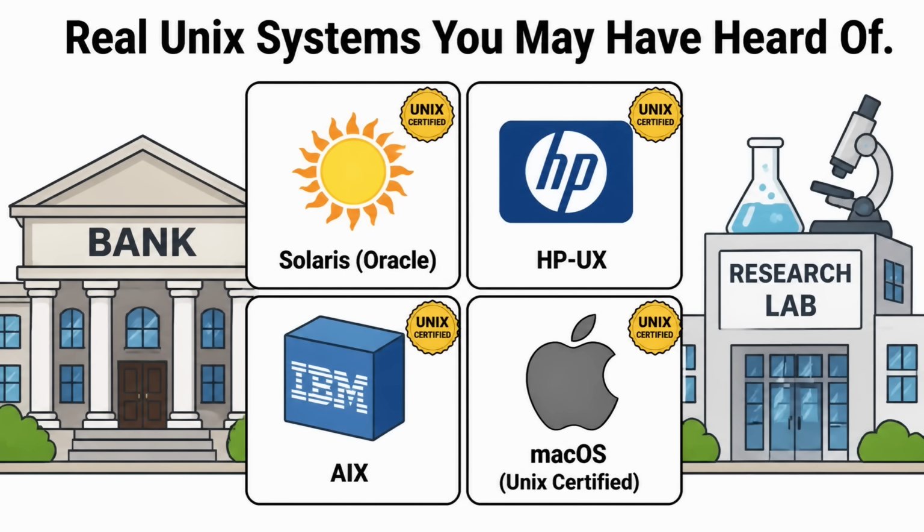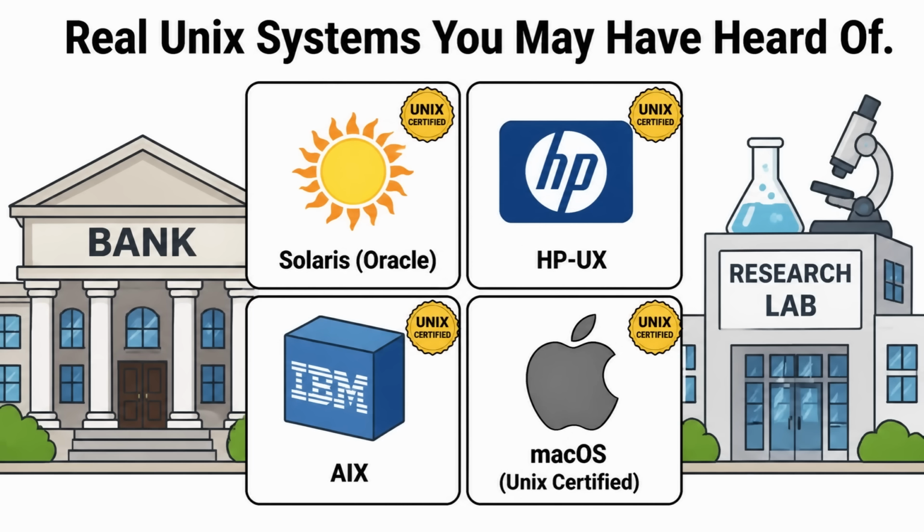Let's look at some real examples of Unix systems you might have heard of. Solaris, developed by Sun Microsystems, now owned by Oracle, that's Unix. HP-UX from Hewlett-Packard, Unix. IBM's AIX, Unix. And here's a fun one, macOS. Yes, Apple's macOS is actually certified Unix.